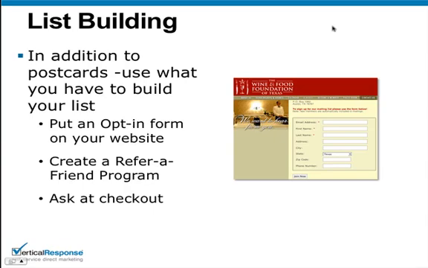As you can see in the little image we have there, it's a form where people can fill out their email address, their name, and of course, if you want to send postcards to them, definitely include an address as well. Make sure they include that. That can be a great way to build the list. And you can also put an opt-in form on a blog or Facebook or pretty much anywhere the people that you need to get in touch with can find you. You can add that opt-in form there.